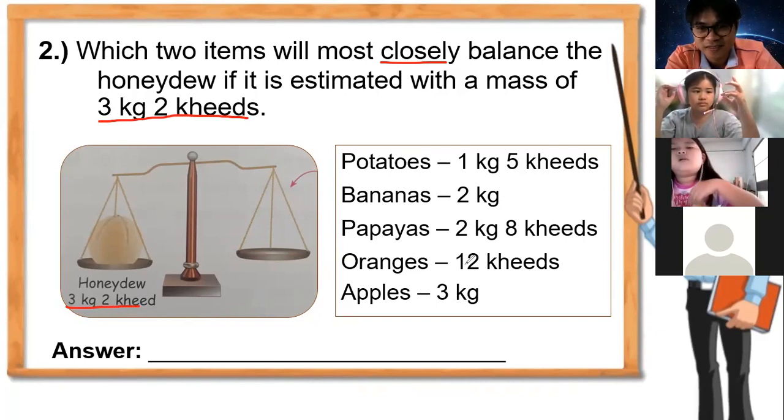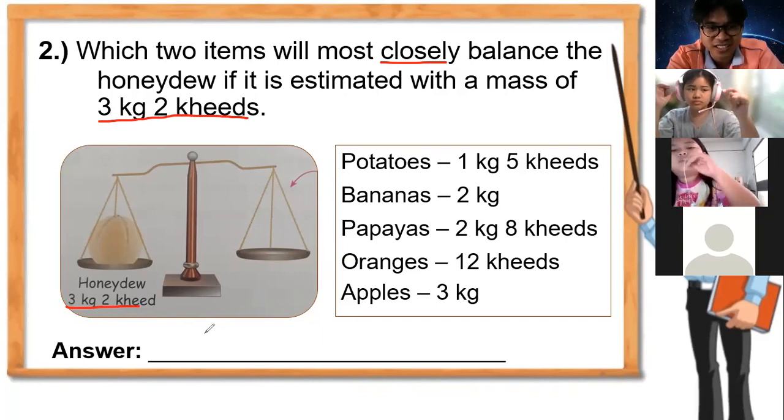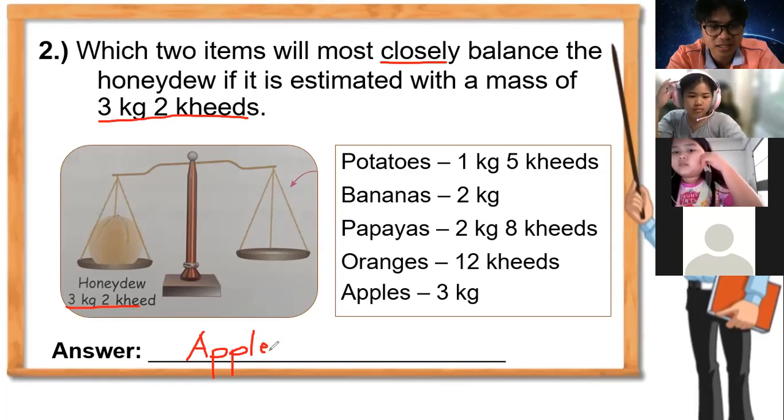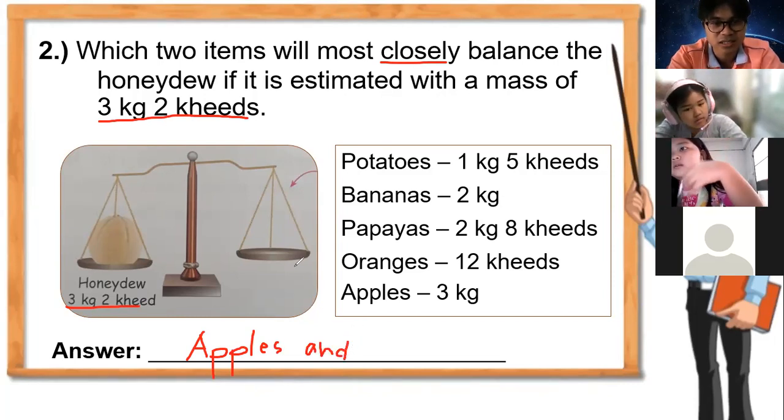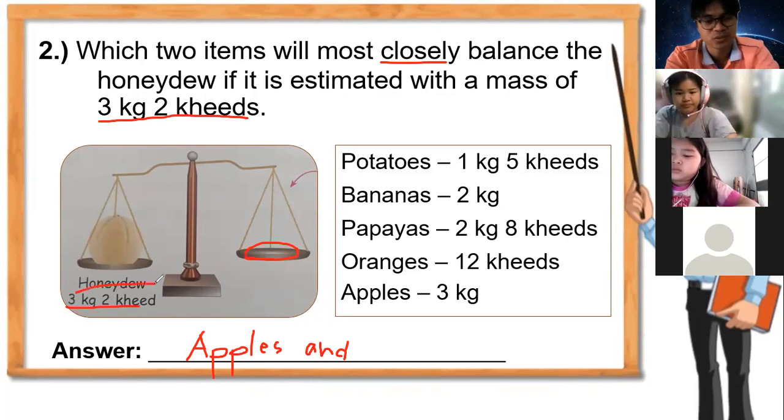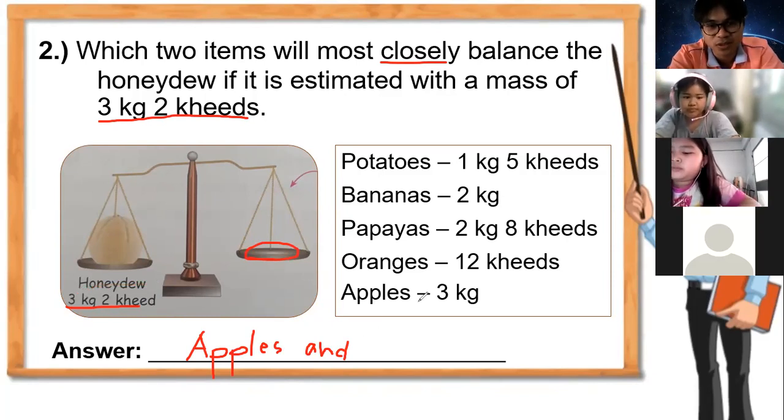Which one? Apples, right? Apples. What is the other one? Apples are 3 kilograms. Just estimate which items most closely balance this honeydew. Apples, because apples is 3. What's next? Papaya, correct?